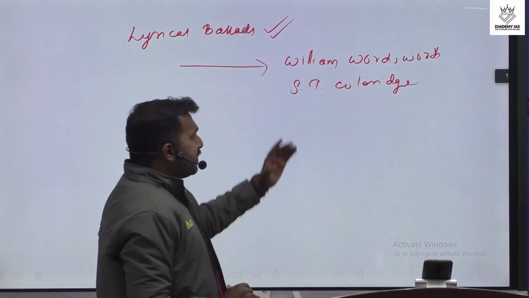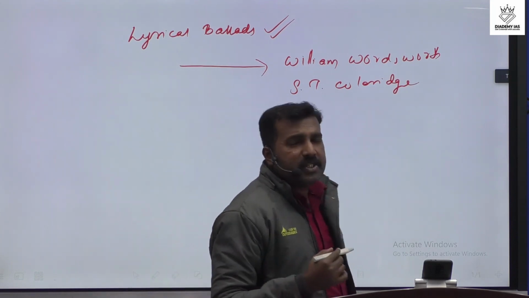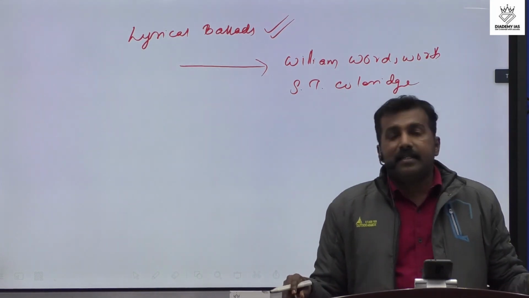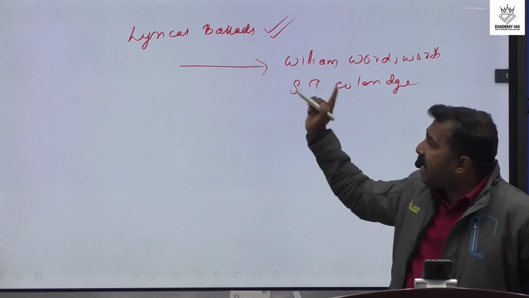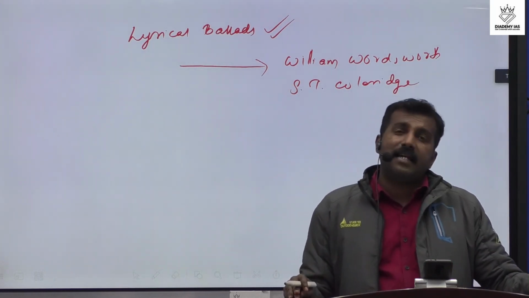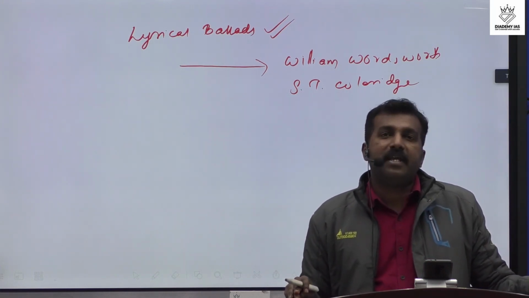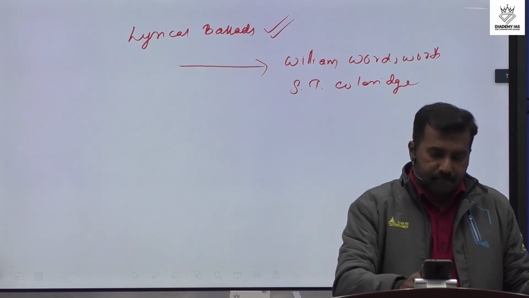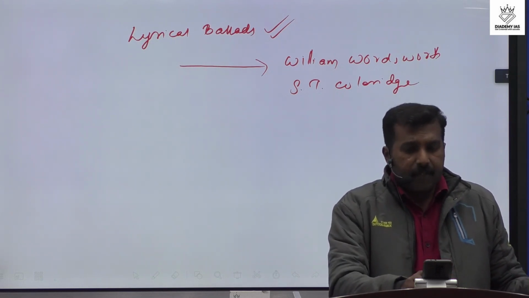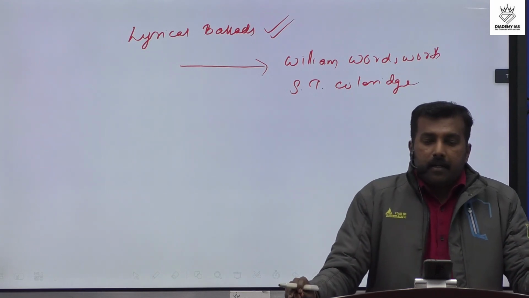They collaboratively published a work named Lyrical Ballads, and this Lyrical Ballads is considered the beginning of the Romantic age in English literature. Okay, so this is an important point here.